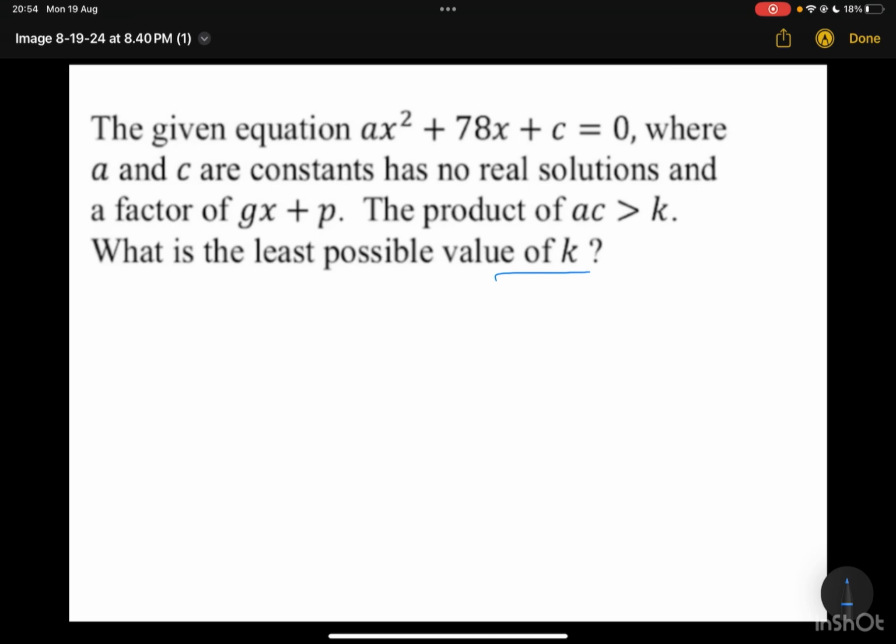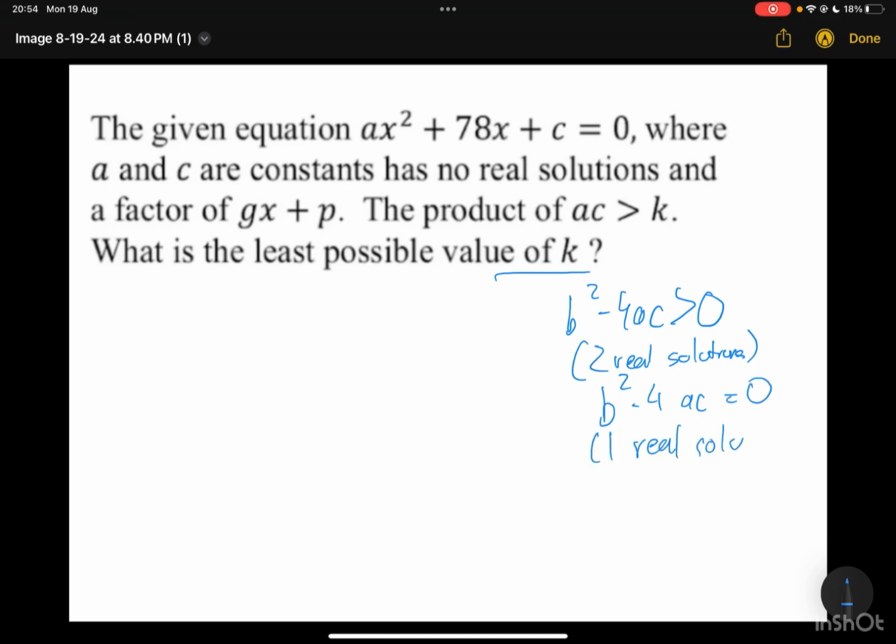The types of solution can be written as b squared minus 4ac greater than 0, which means we have two real solutions. And b squared minus 4ac equals 0, which means we have one real solution.